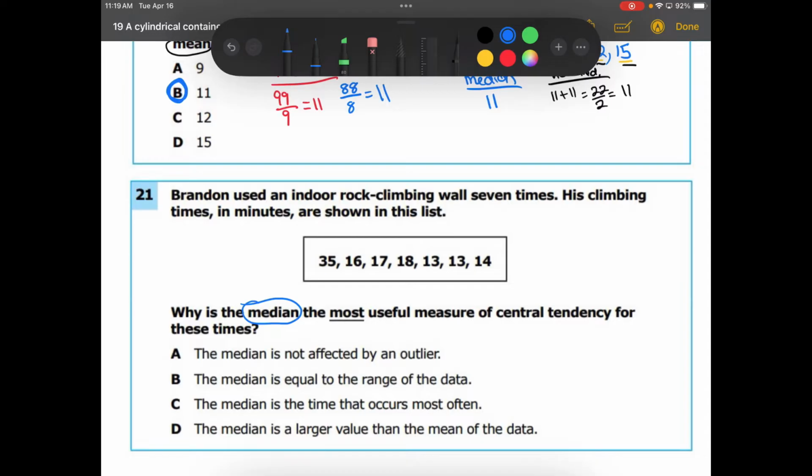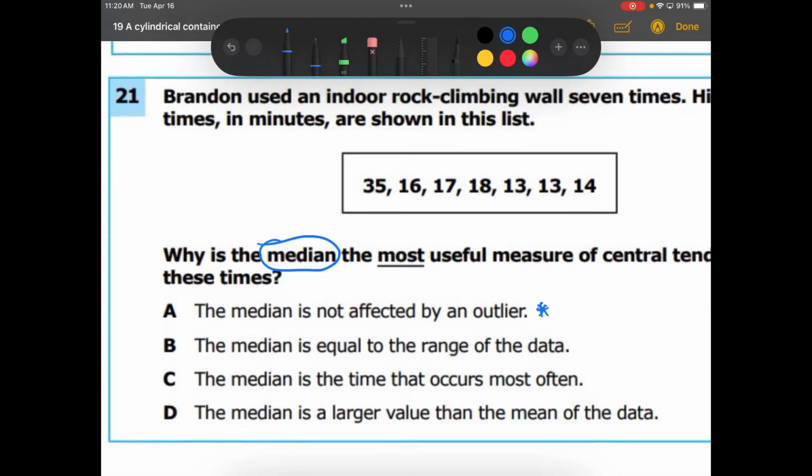There are also situations where the median could not be affected by the outlier, depending on your data set. So we will just put a little star by this one because it's not 100% false, but it's not 100% true either. So let's read the rest of our choices and see what we can eliminate here.